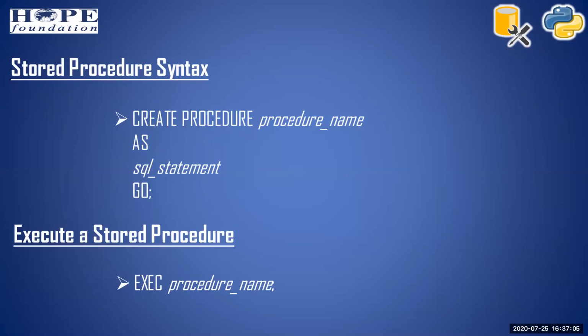So create procedure, the same as what we have seen in the view statement. Simple: create procedure and procedure name, then AS and your SQL statement. Statement means your query, then give GO. That's all.